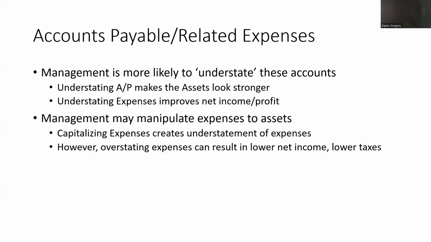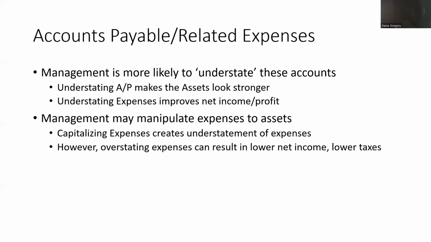Now, while we like the AP to be understated because it makes the assets look stronger, when we overstate expenses, revenue minus expenses equals net profit. If we overstate those expenses, we have less net profit, which people think, well, why would you want less net profit?